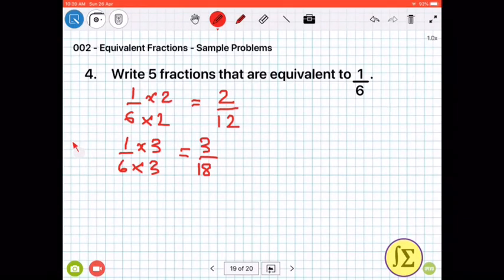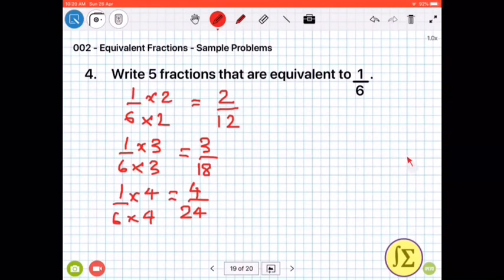Similarly, 1 over 6, you multiply by 4 for the top and bottom. 1 multiplied by 4, you get 4. 6 multiplied by 4, you get 24. So 4 over 24 is another equivalent fraction for 1 over 6.